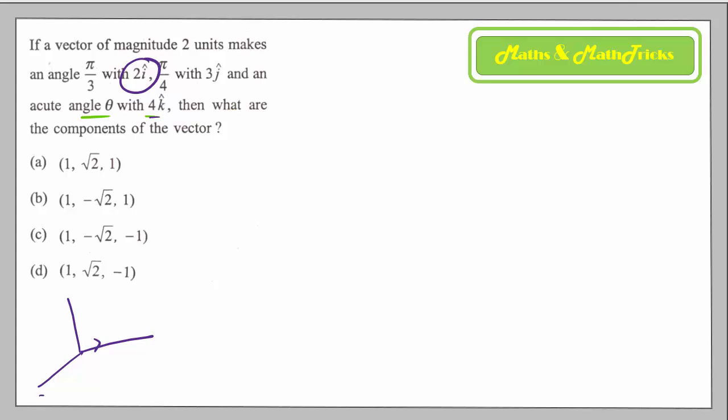You know that when you have alpha, the angle made by a vector with the x-axis, beta, the angle made by a vector with the y-axis, and gamma, the angle made by a vector with the z-axis, then you know the relation between alpha, beta, gamma, that cos square alpha plus cos square beta plus cos square gamma is equal to 1.